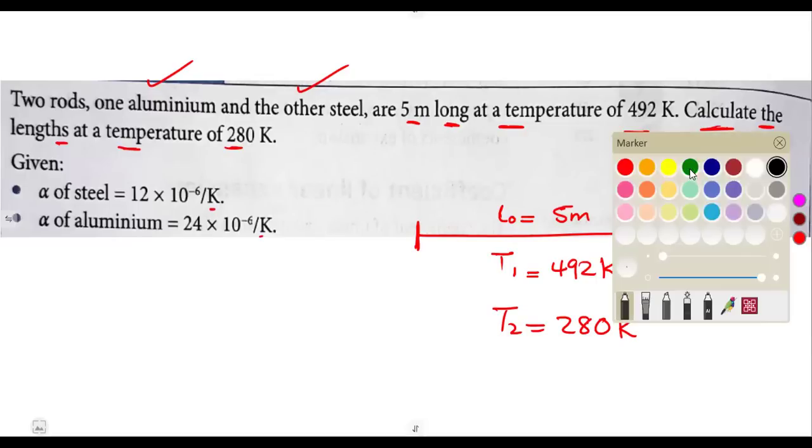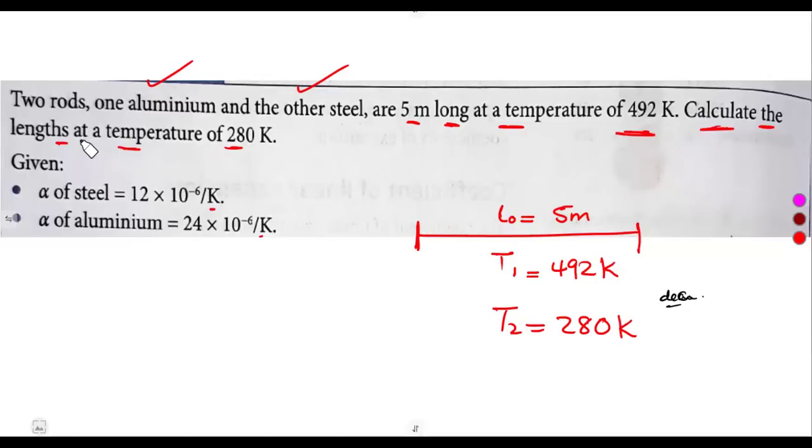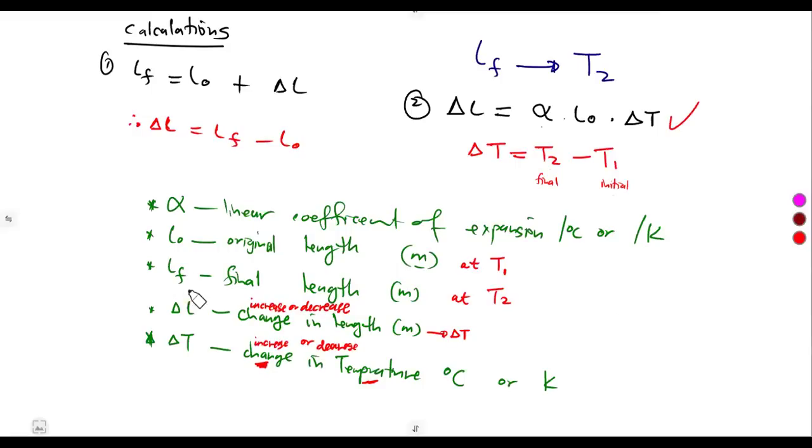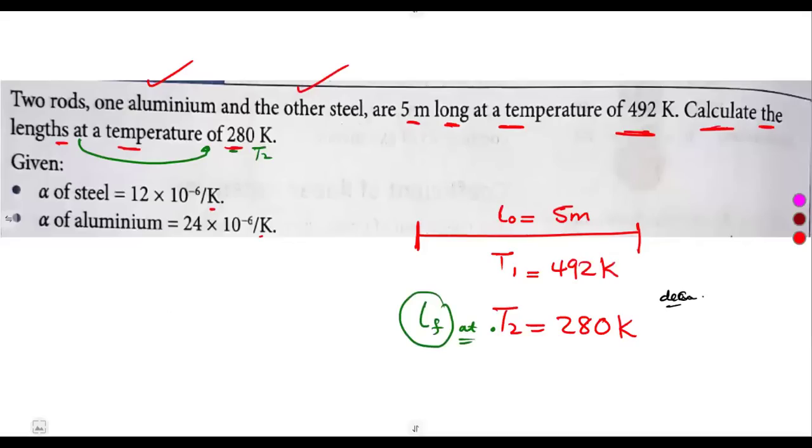Okay, no problem about that. Let's focus on the question. The question is, calculate the length at this temperature, the length at T2. Which length do you call at T2? That's our final length. At T2, the length that operates there is the final length, or you can call it L2 if you want to use L2, depending on your understanding.